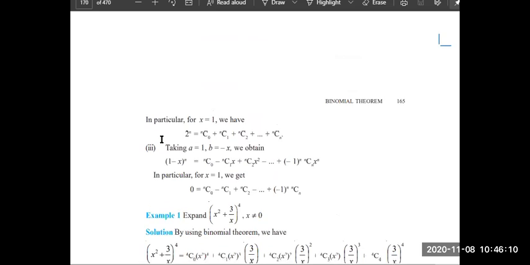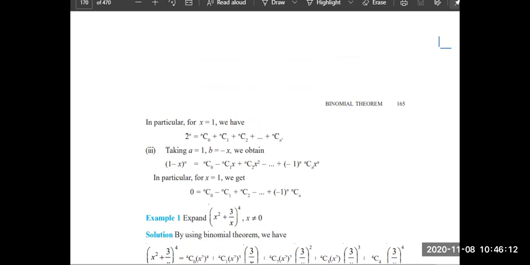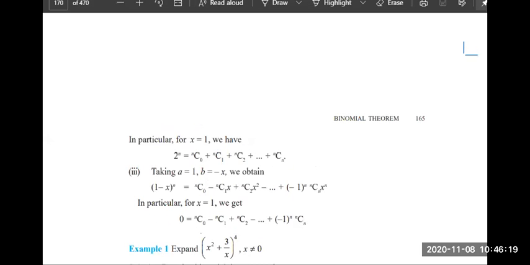Now, let's try to solve this one, guys. Everyone, try to solve this. Easy question. Take your time.